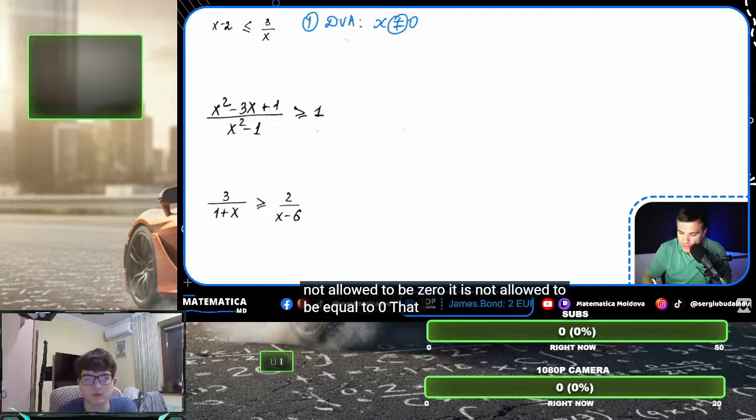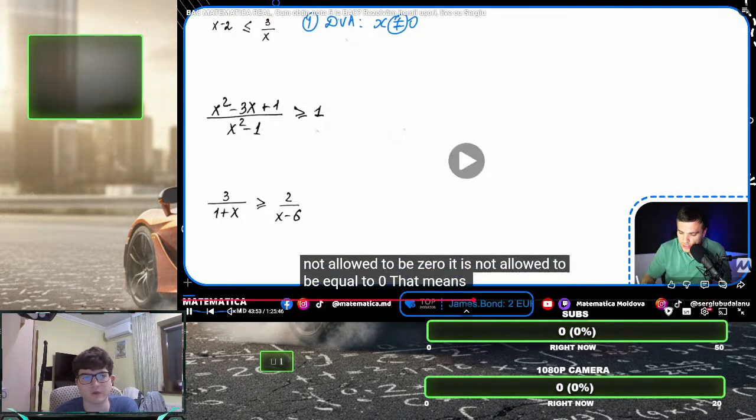So now what? I think we have to work with the lower stuff we did, and then move everything to the left and equal to 0, stuff like that. I think.